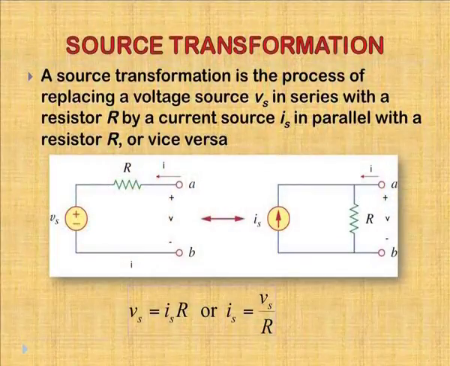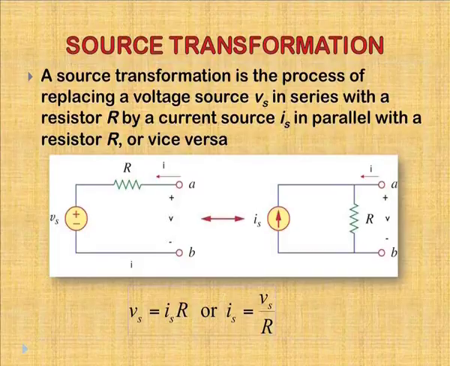Source transformation theorem states that we can convert any voltage source into a current source and vice versa. We know that all real voltage sources have an internal resistance in series and all current sources have an internal resistance in parallel.